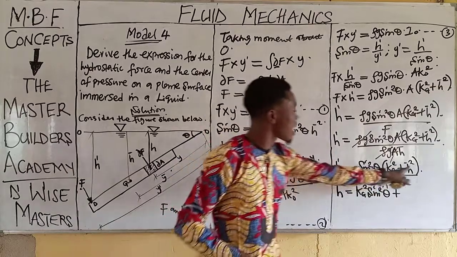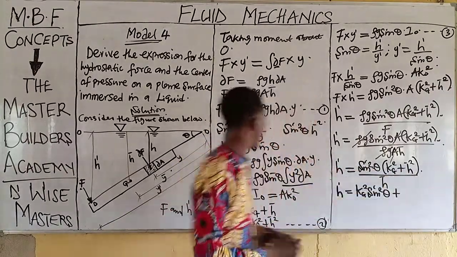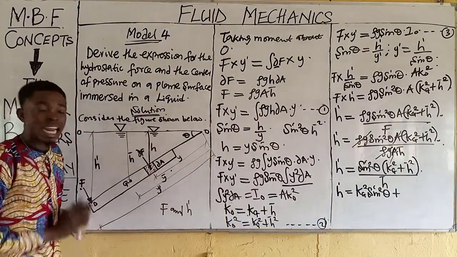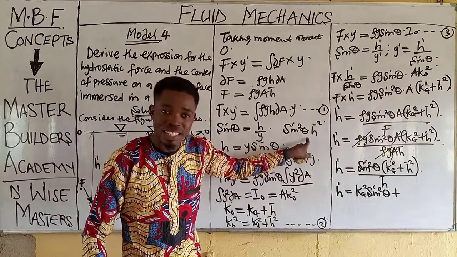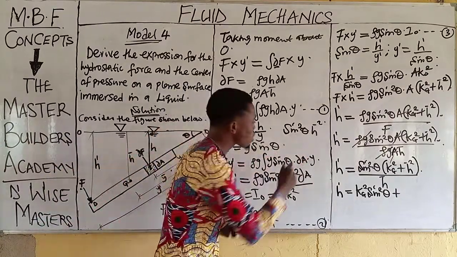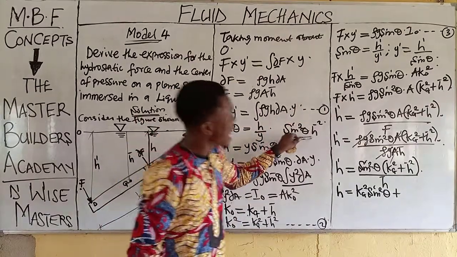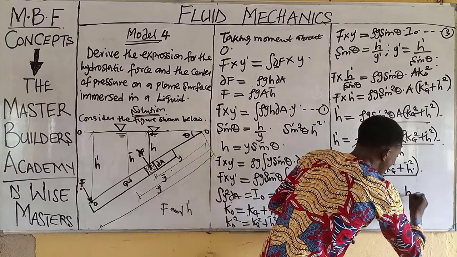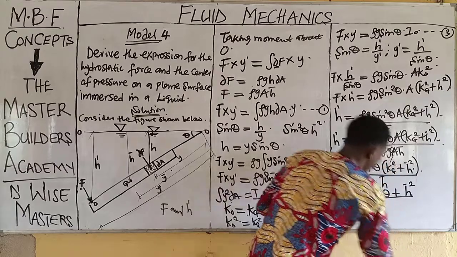But we know that this is perfectly vertical, and the angle that it made with the horizontal line is 90. So when we put in theta as 90 here, sine 90 would have given us 1. 1 squared would have given us what? 1. Therefore, when we multiply this with this, we will still have this squared all over h bar.